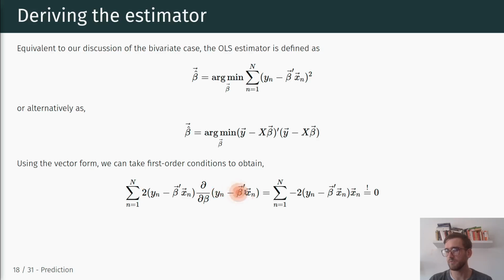And if we take the derivative of this term with respect to beta, then of course this just reduces to xn, right?